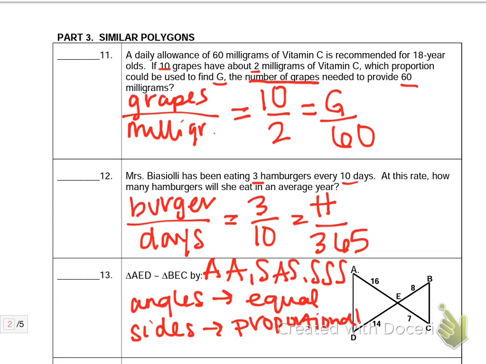So what that means is that if I have angle, angle, then that means I need to find 2 angles on this picture that are equal to each other. See if the triangles are equal. This one, I need two pairs of sides have to be proportional, and the angle in between them has to be equal. This last one, side, side, side, all three of my sides have to be proportional in order to see if the two triangles are similar.